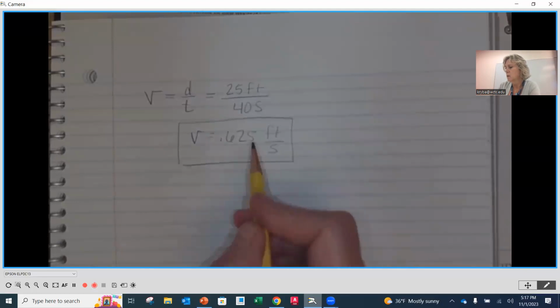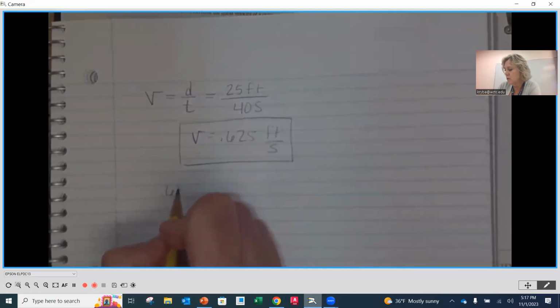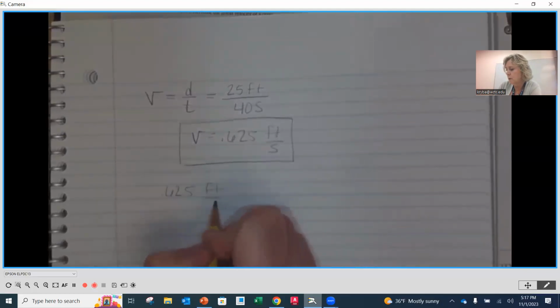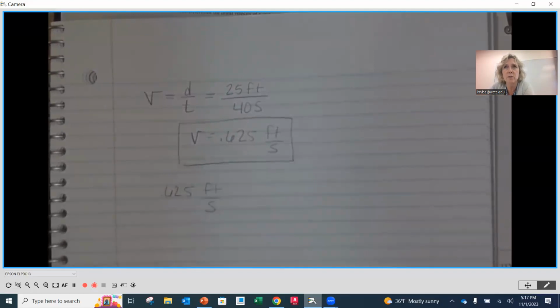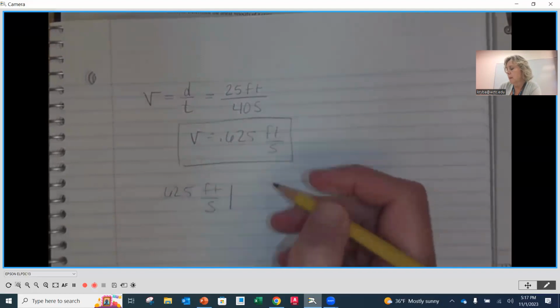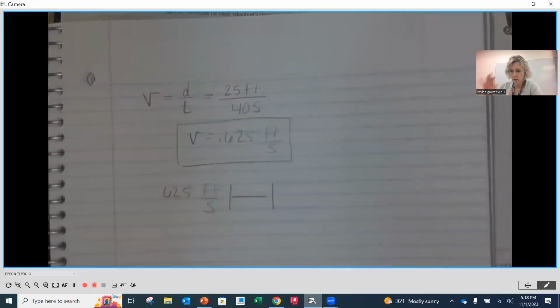So if I have my 0.625 feet per second, and I want to convert that to inches per second, what I'm going to do is, and again, I use vertical straight lines here rather than parentheses, because this is a method that I learned quite some time ago.